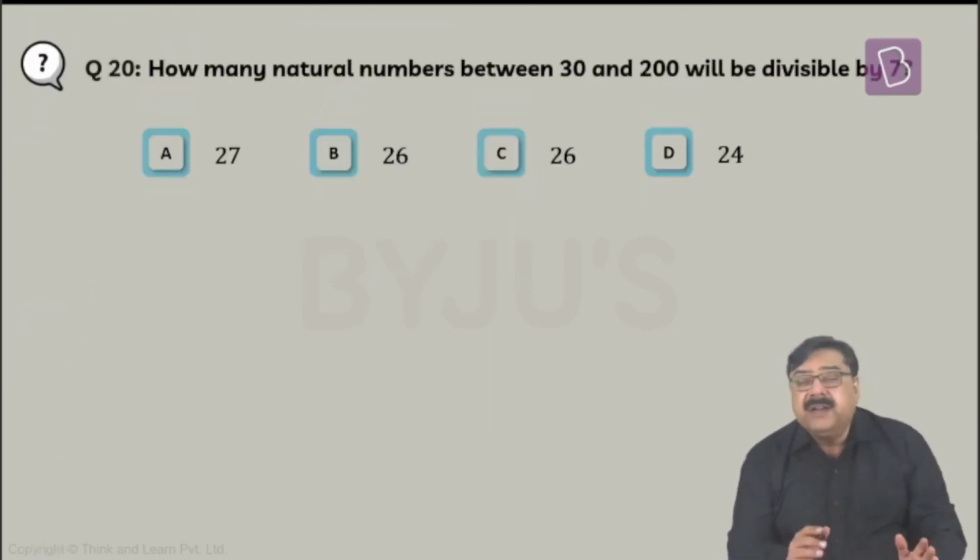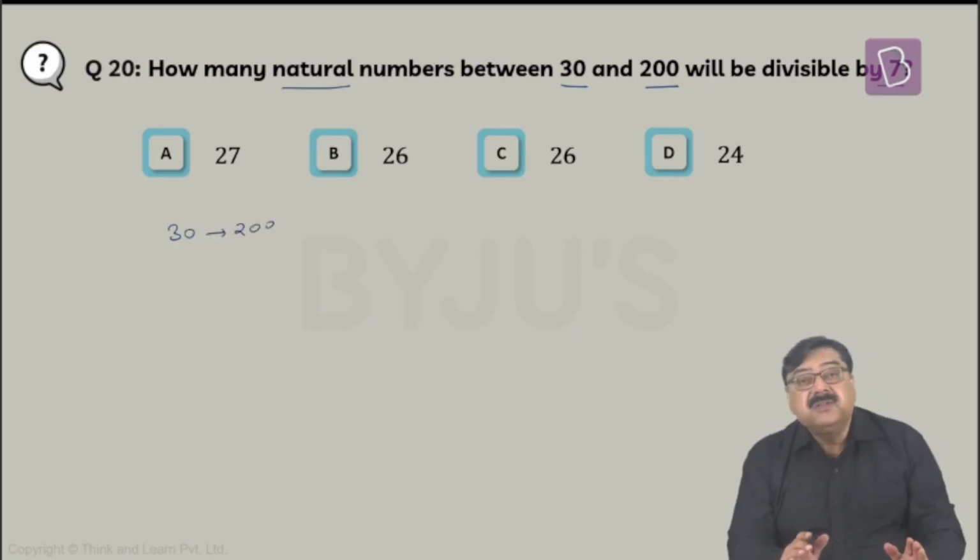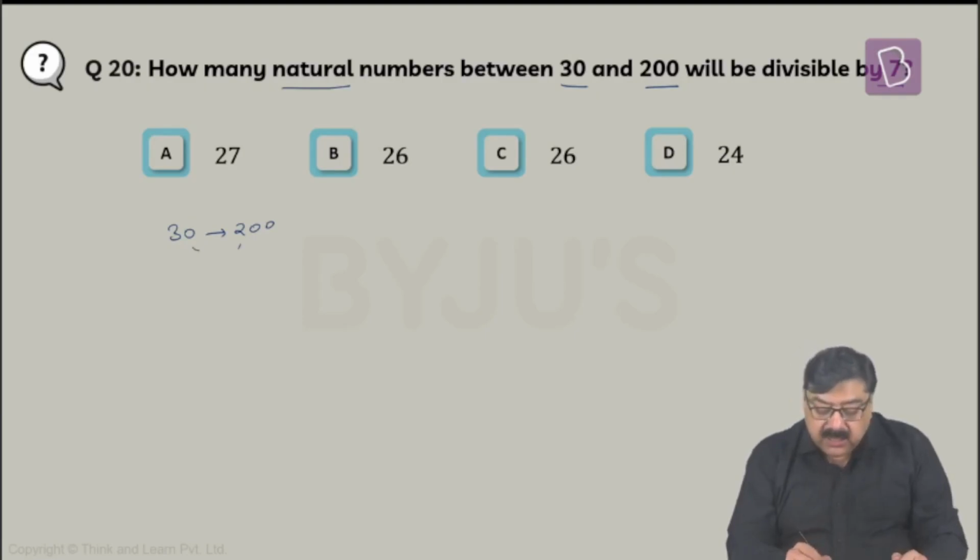Now you have another type of question here, and that is how many natural numbers between 30 and 200 will be divisible by 7. So from 30 to 200, we have to find the numbers which are divisible by 7. Here we will find the first number which is divisible by 7. Between 30 and 200, the first number divisible by 7 is 35, and this is our first number.